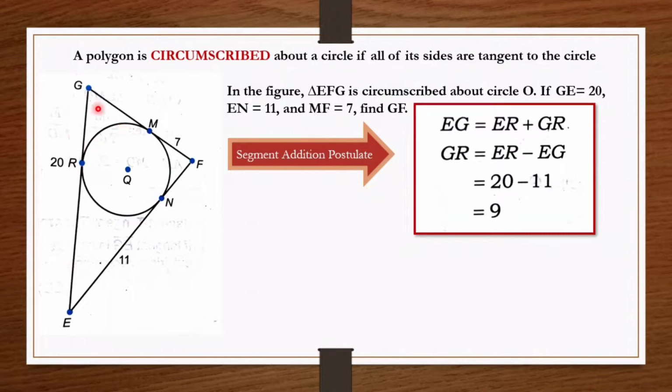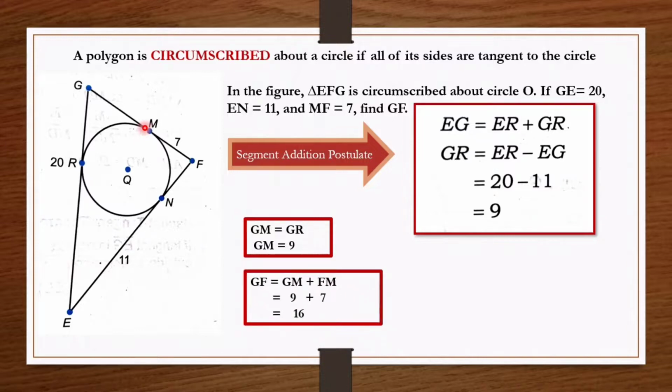And GR here, as we have solved, is 9. Okay? So, we have GM is equal to GR, meaning to say, if this GR is 9 units, therefore, GM is also 9 units. So, in-apply pa rin natin kanina yung tangent segments that intersect outside the circle ay congruent, no? Remember that one. So, we are now looking for GF.